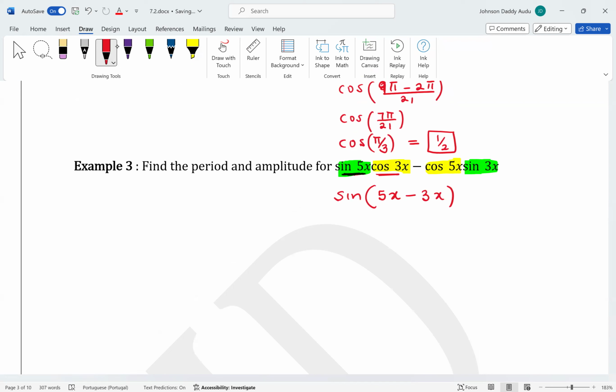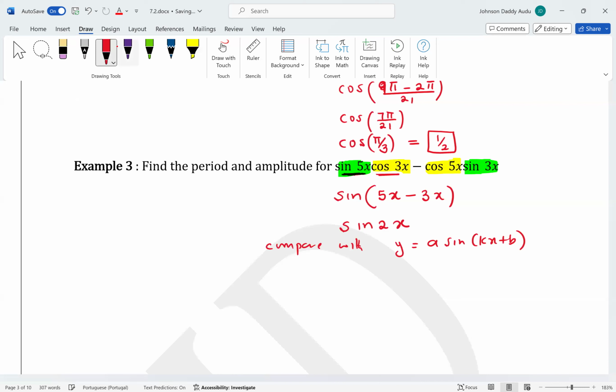So this is sine 5x. If you try to expand this, you will get back to this one. So sine 5x cosine 3x minus cosine 5x sine 3x. And this is nothing but sine of 2x. So since this is sine of 2x, you compare with y equals a sine kx plus b, right?